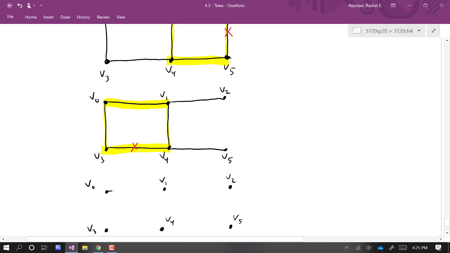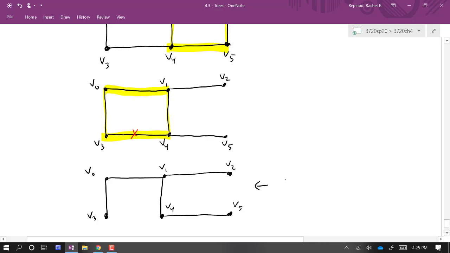Then we're going to have that edge, and this edge, and this edge, and that edge, and that edge. Now there are no more cycles, so this is a spanning tree. And as long as your graph is connected, it'll have a spanning tree.